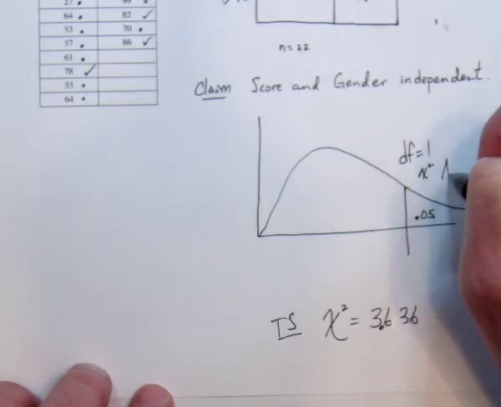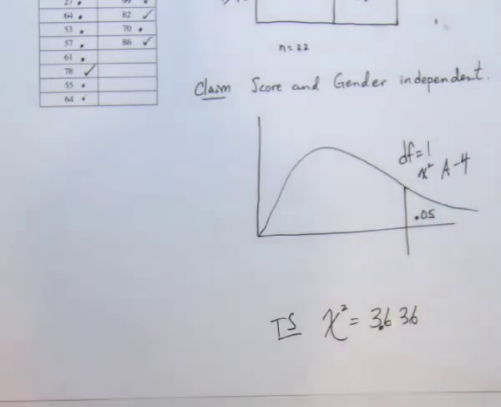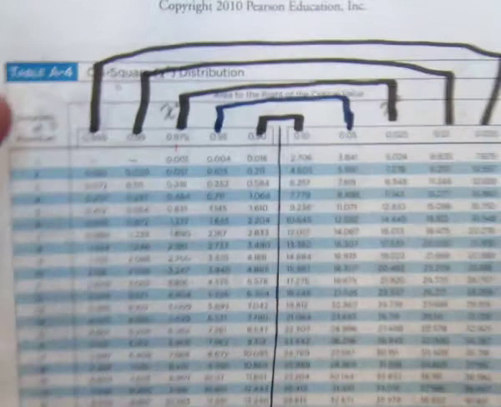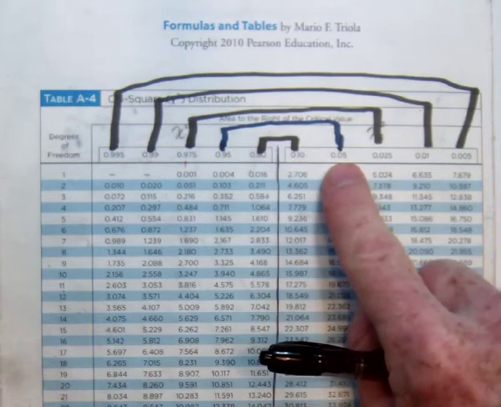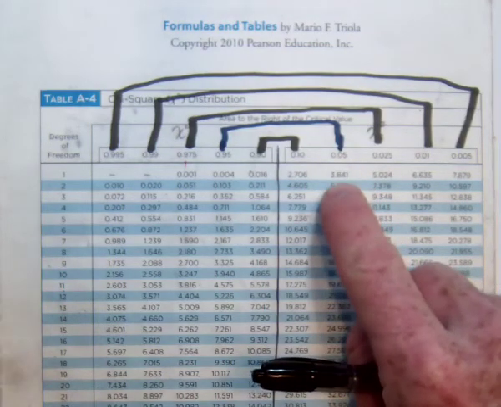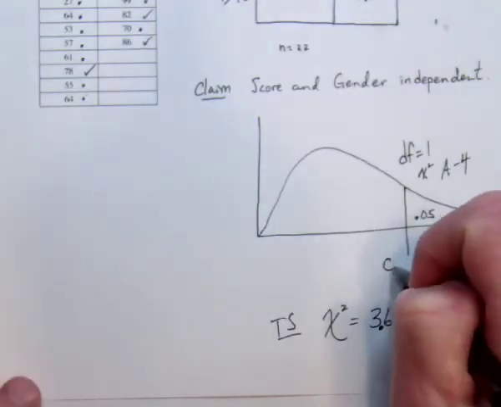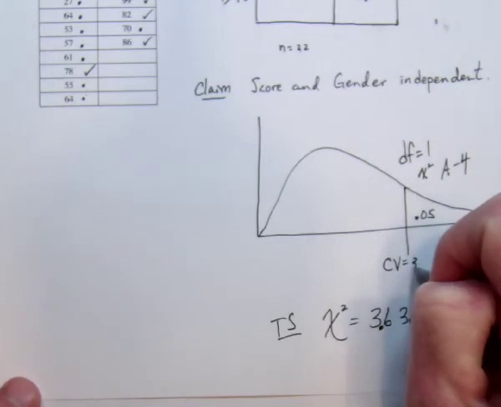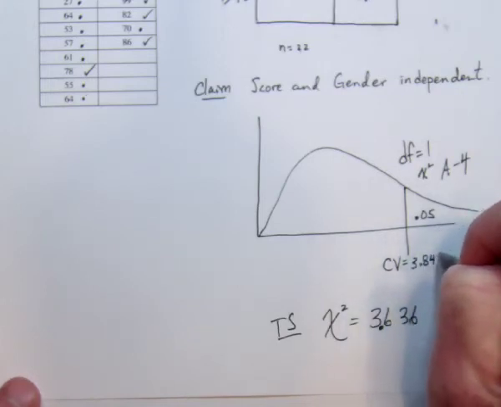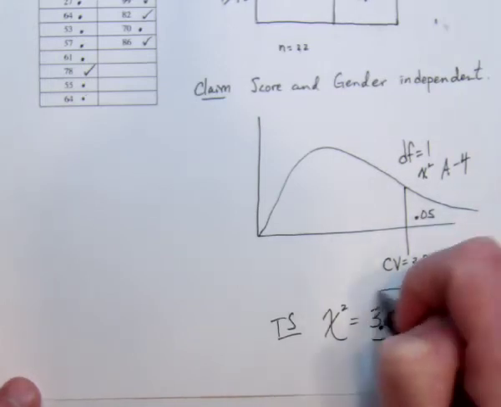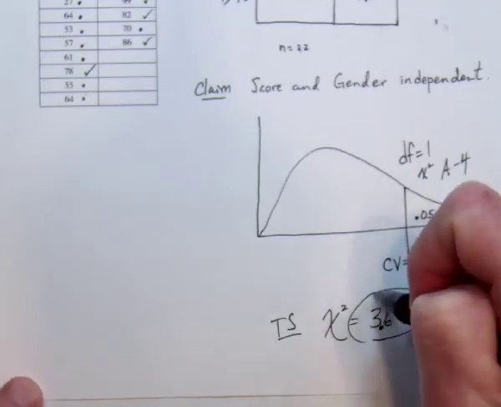Chi-squared is table A4. It would be 0.05 for the right tail, and if it's degrees of freedom of 1, then it's 3.841. So the critical value is 3.841. And then, does a 3.6 go past a 3.8?